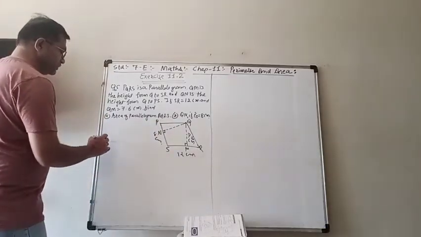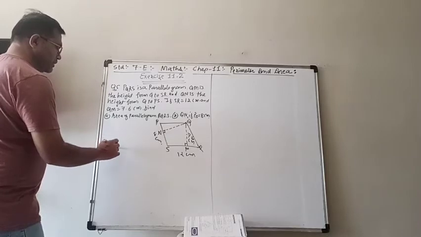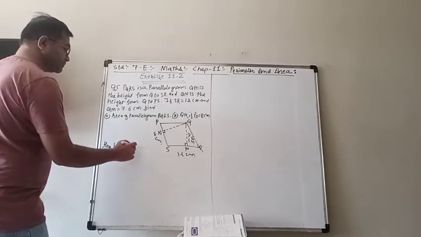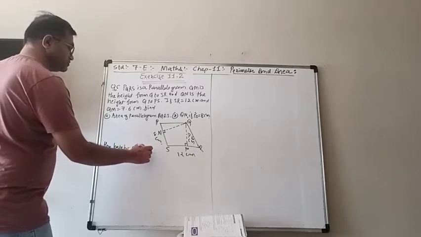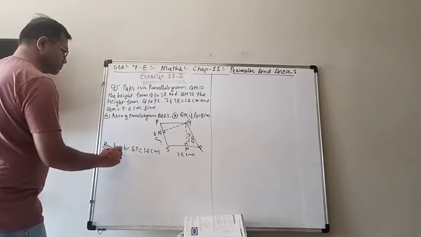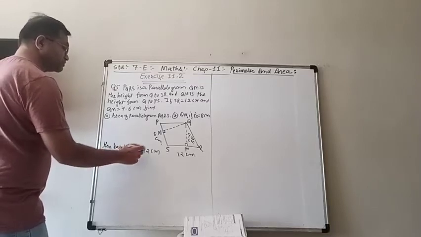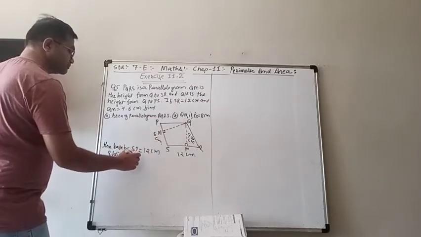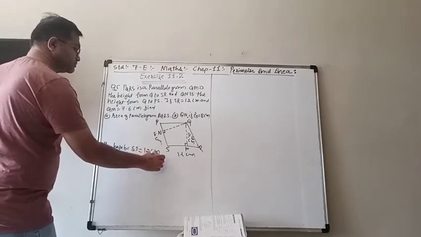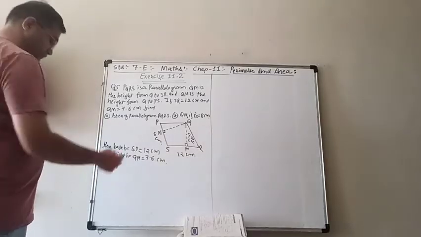Therefore, here base B is equal to SR is equal to 12 centimeter and height H is QM is equal to 7.6 centimeter.